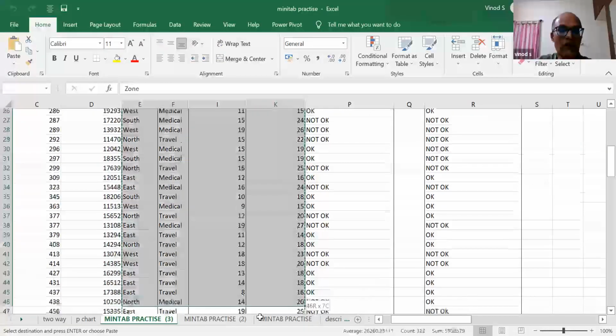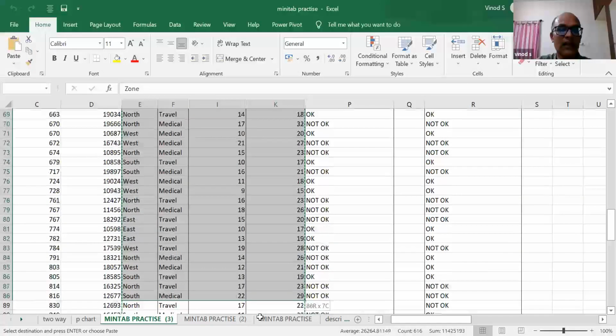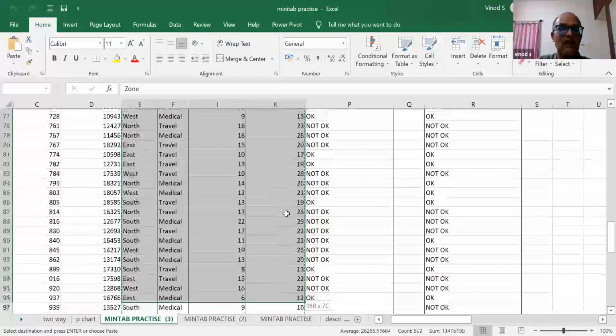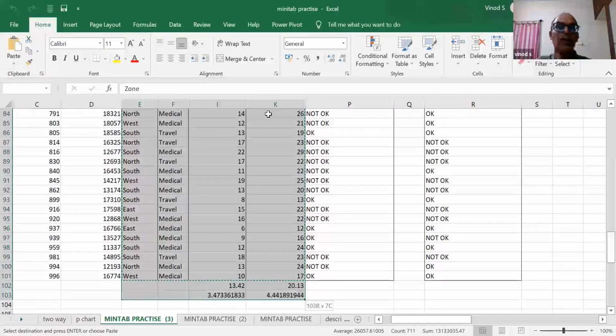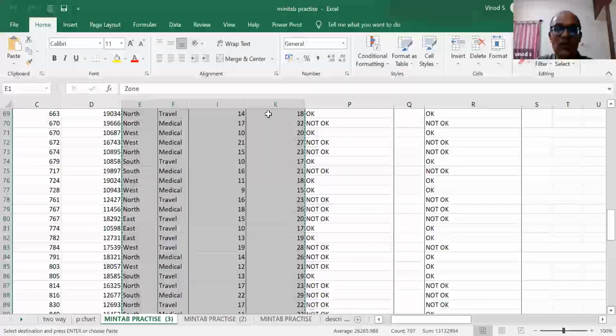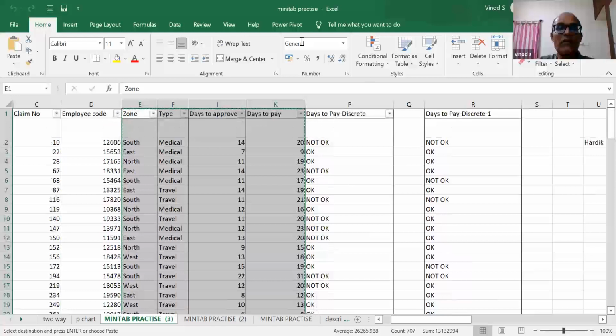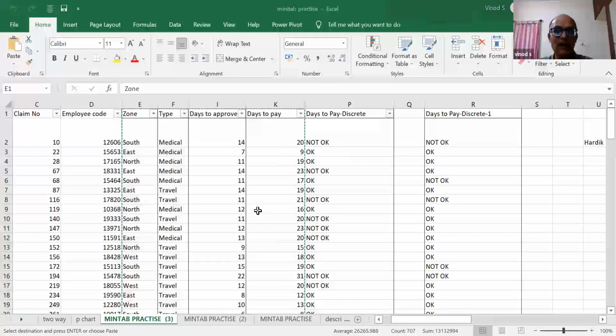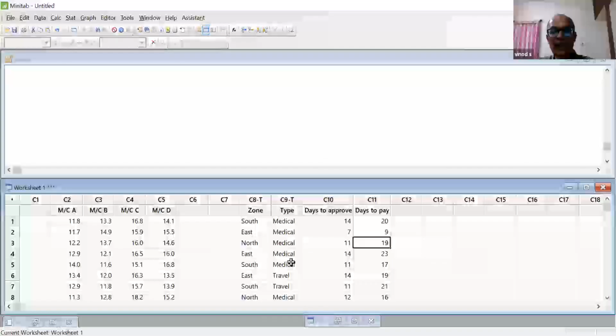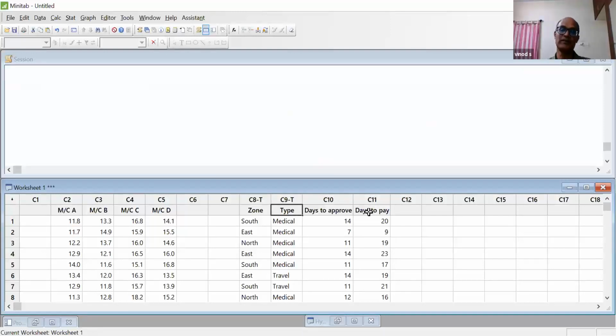If you have got your Minitab ready, you can also copy and paste. We require data from zone, type, days to approve, and days to pay. So I'm going to copy and paste into my Minitab file. In Minitab, you can see there is zone, type meaning medical and travel, then days to approve and days to pay. This much data is required for our study.